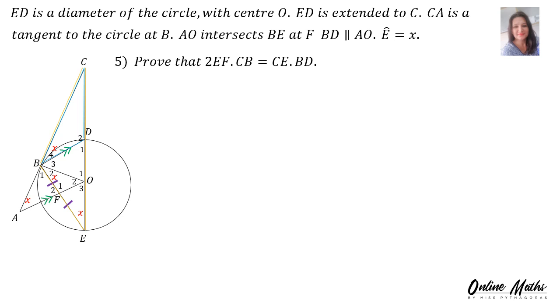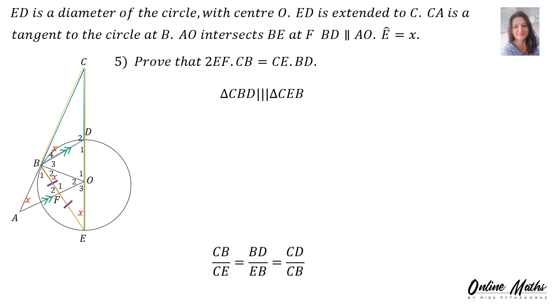Question 5 wants us to prove that 2 times EF times CB is equal to CE times BD. Now, in the previous sum, we worked out that the two triangles are similar.